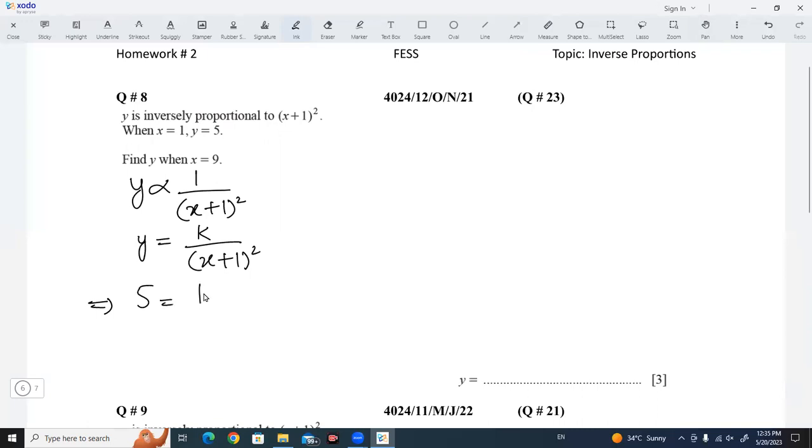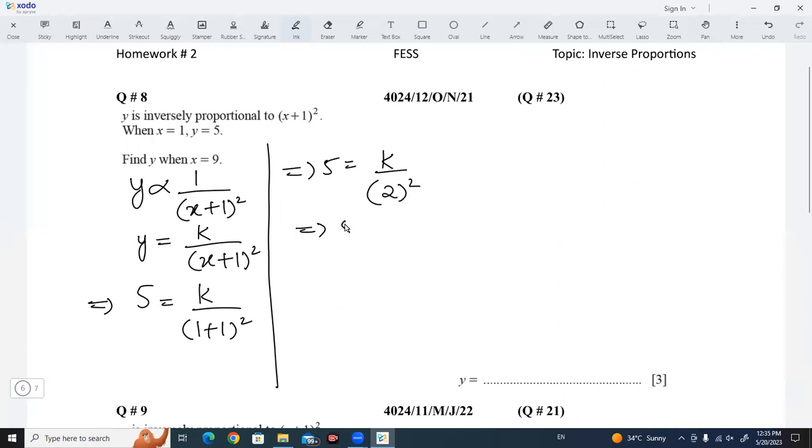So y is 5 equals to k over 1 plus 1 whole squared. So 1 plus 1 is 2. So 5 equals to k divided by 2 squared. What's the square of 2? It is 4. So 4 times 5, what's the result for k? It is 20. 4 times 5 is 20.